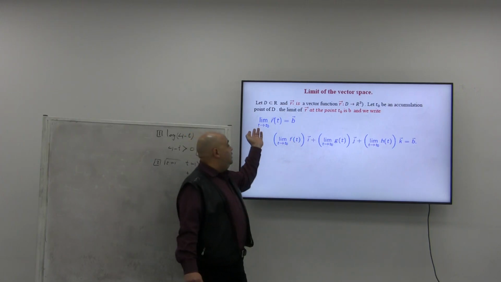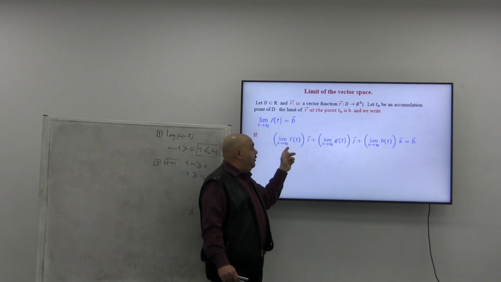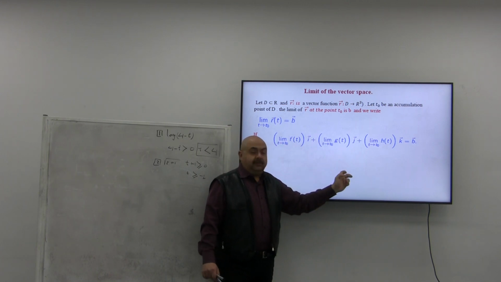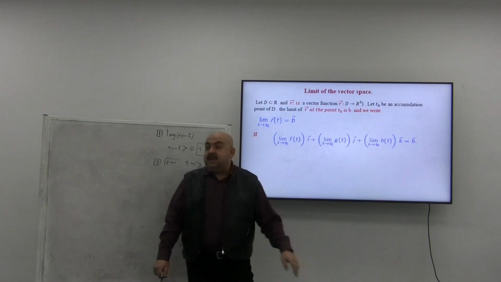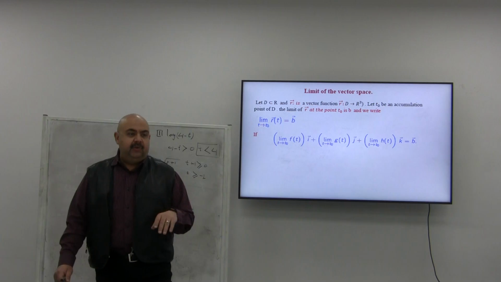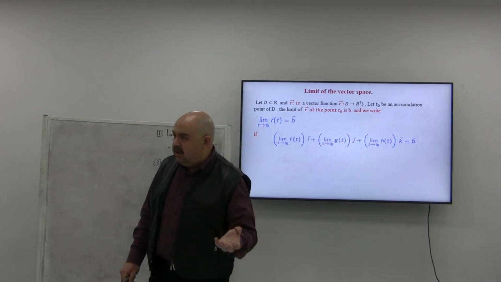So I'm taking the limit and distributing it on the f of t, g of t, and h of t components. And the results will represent the vector value, standing for the value of this limit at i and j and k.